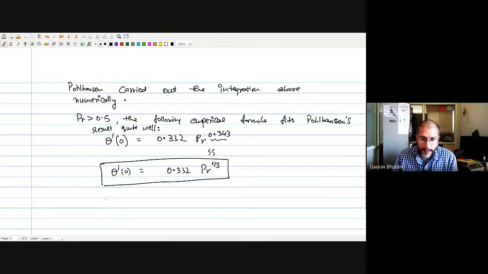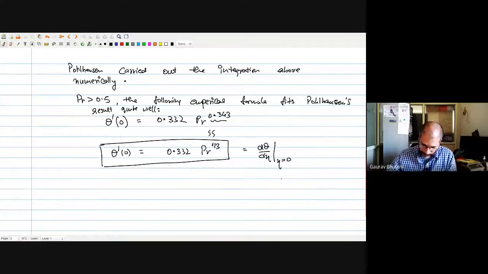Now remember that this theta prime 0 is quite useful, because theta prime 0 is nothing but d theta by d eta at eta equal to 0. So this can be used for calculating our heat transfer coefficient. Because let's do that.